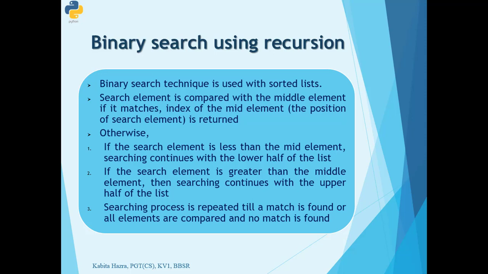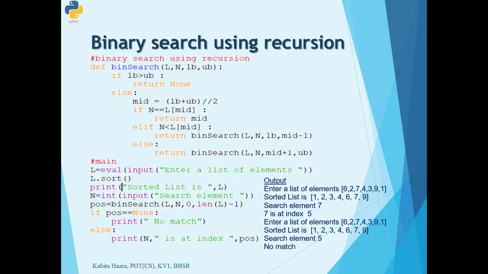Let us see the example. What we are actually doing is, we need a base case to terminate the recursive call to a function. Otherwise, we find the mid element and compare the search element with the mid element, and if it is less than the mid element, we will again call the function by reducing the list to half, where the lower bound is the same and the upper bound is the one previous to the mid element.